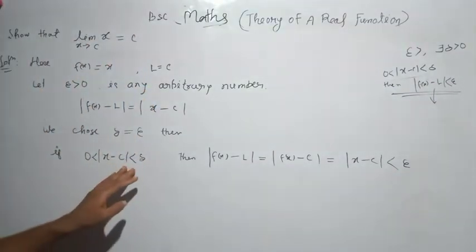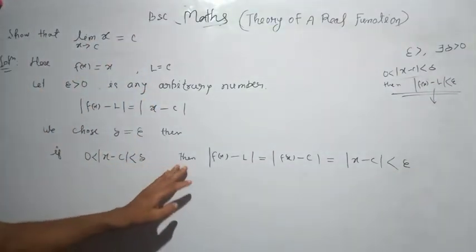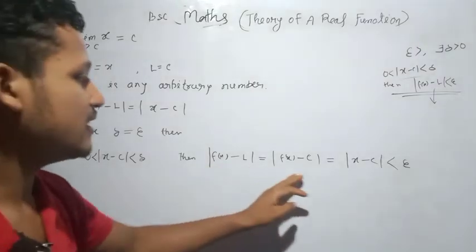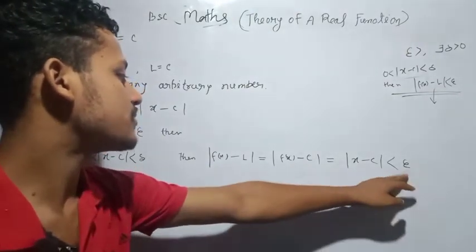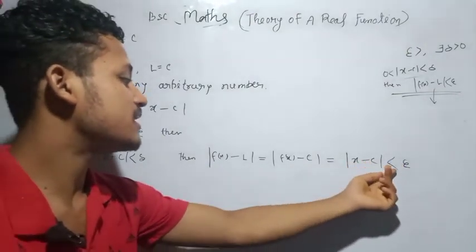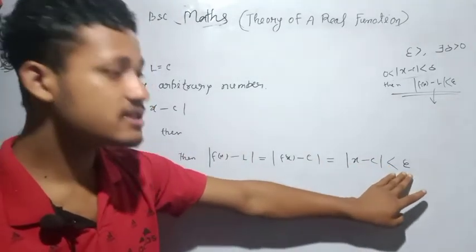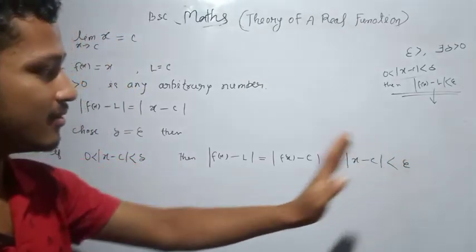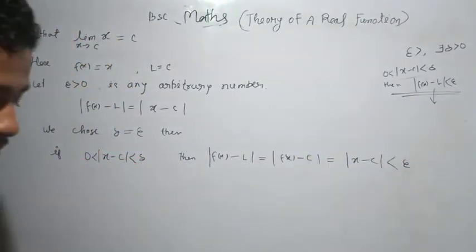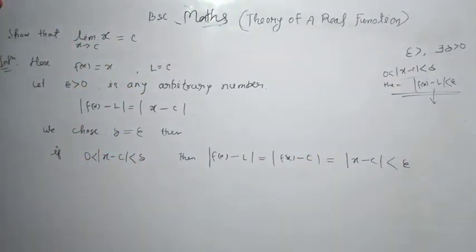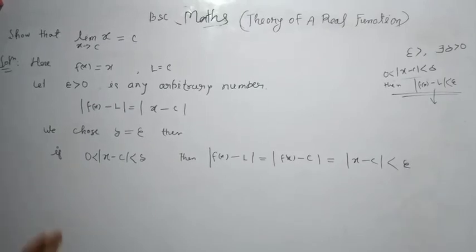If modulus of x minus c is less than delta, then modulus of f of x minus L is less than epsilon. In the place of delta, we have put epsilon. So that is the matter of delta and epsilon.